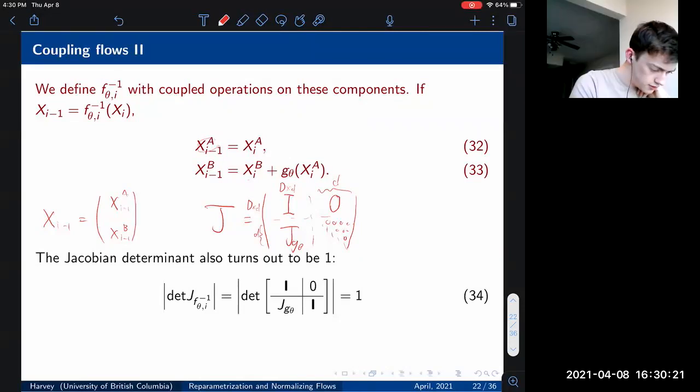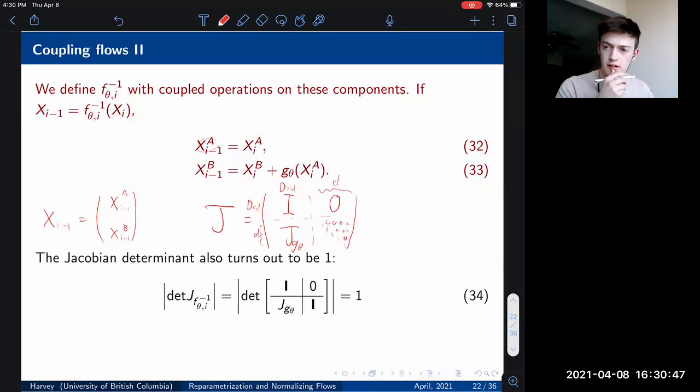I don't see why you couldn't. Yeah, you can put identity matrices in as long as they're square, right? And they're always going to be square no matter what little d is.